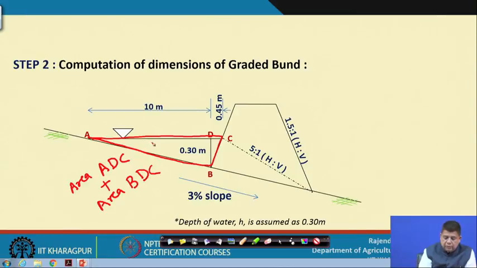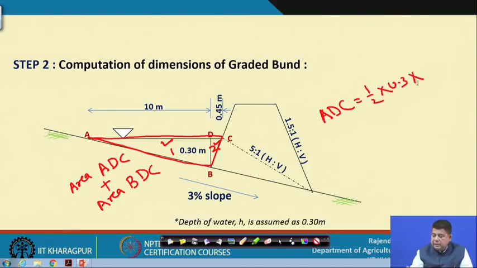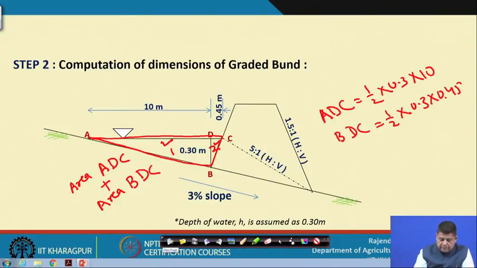This is 1 and this is 2. There are two triangles, and we have all the values here. So, we know that ADC will be half into 0.3 into 10, and BDC will be half into 0.3 into 0.45. So, this is how the values will come.